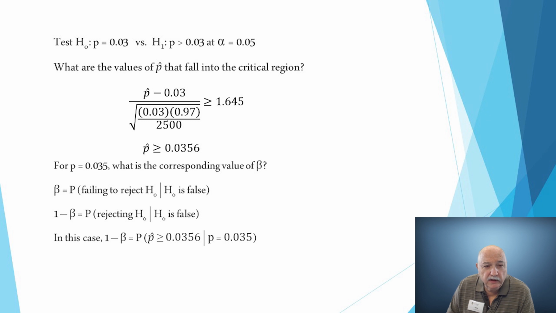Now, alpha is the probability of committing a type 1 error, that is, rejecting the null hypothesis when it is actually true.